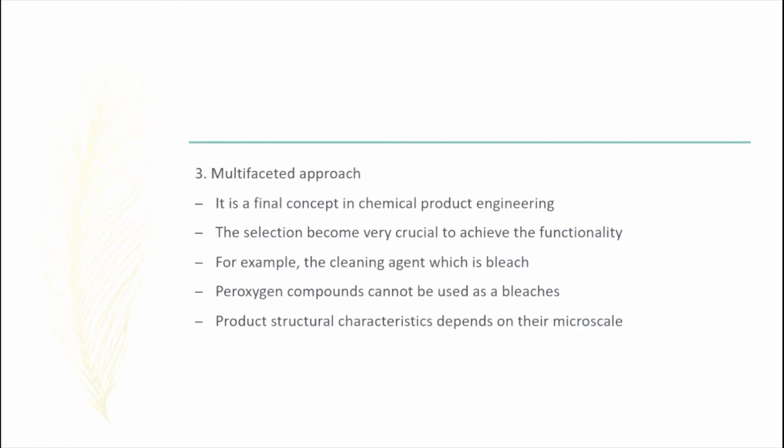Peroxygen compounds cannot be used as bleaches because they are incompatible with the surfactant, due to oxidative power that is not effective in cold water. Product structural characteristics depend on their microscale, which contributes to its end-use properties. So, to make the dissolution quick, the size of the particles must be kept small.